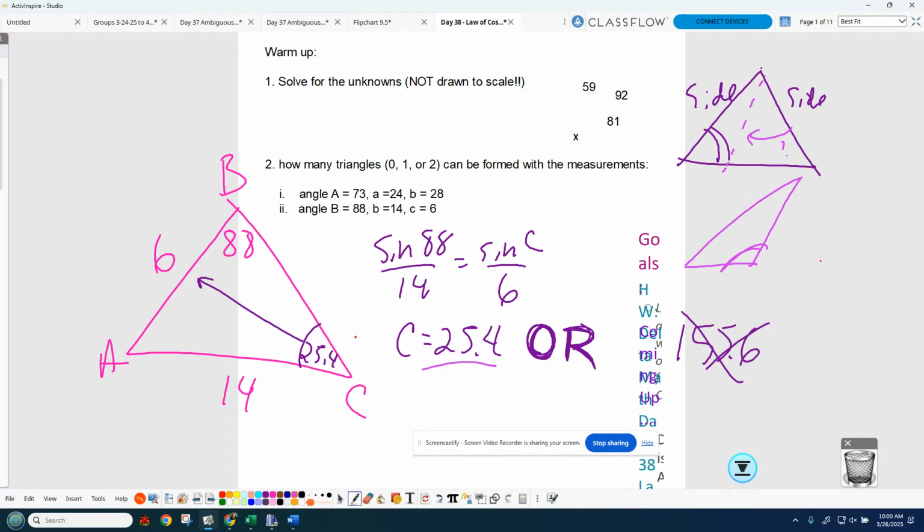So here, sine inverse, I got 25. Well, 155 degrees, and a triangle can have that 155 in it. So I gotta check. Well, could it have been this with that 155? Well, 155 and 88, too many degrees in my triangle, doesn't work. So this one was 0 triangles. This one was 1 triangle.